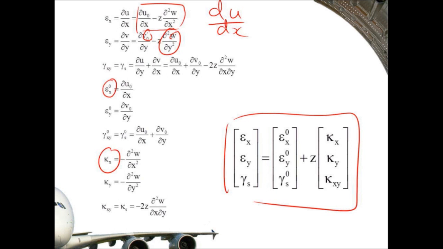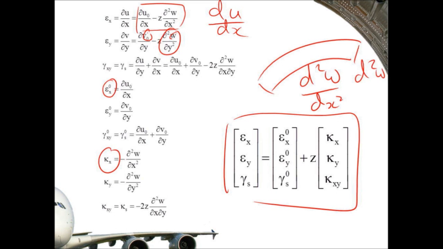And these curvatures are just like you would think of curvatures from mathematics. They're the second derivative of the z position. So d2w dx squared or d2w dy squared.